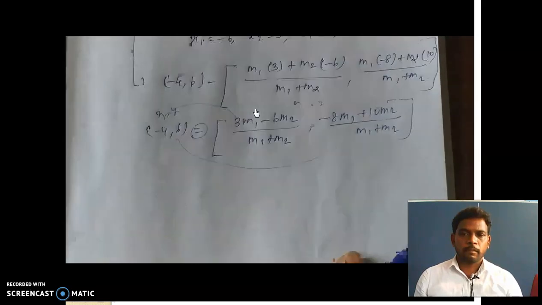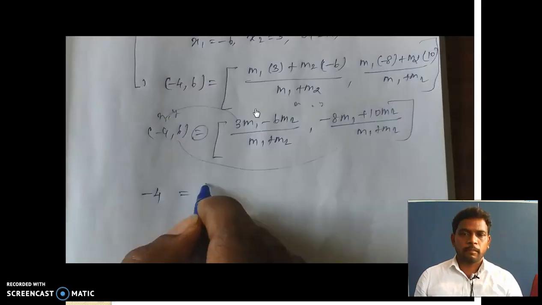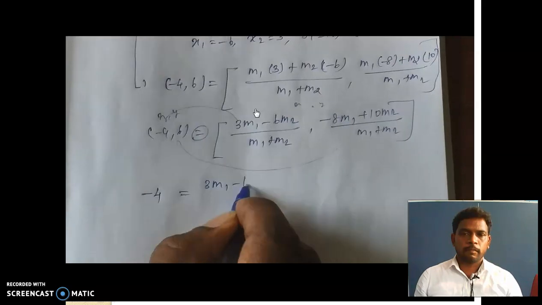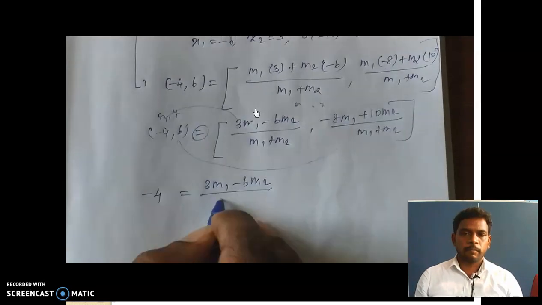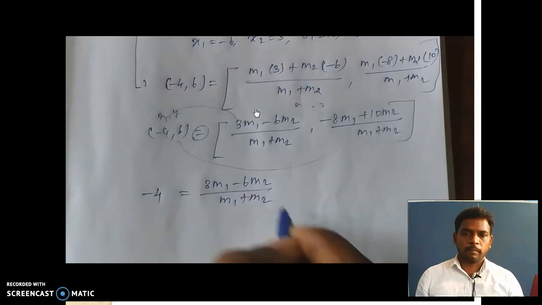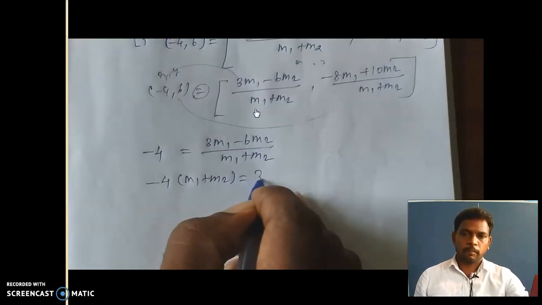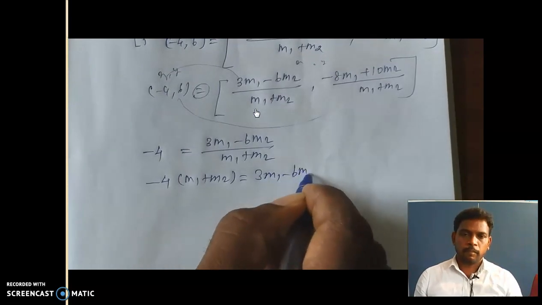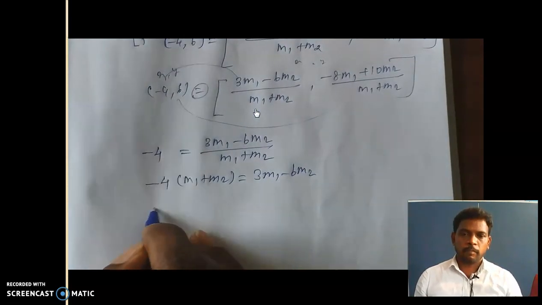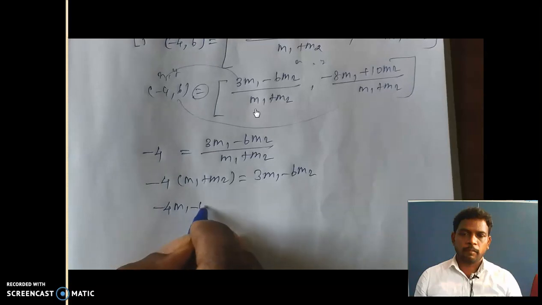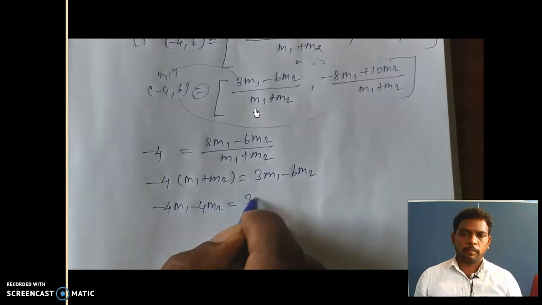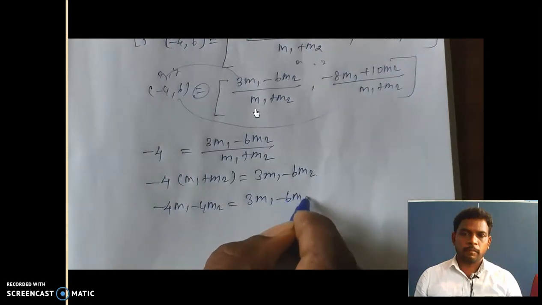Left hand side -4 equals right hand side (3 m1 - 6 m2) / (m1 + m2). So multiply -4 inside: -4 m1 - 4 m2 equals 3 m1 - 6 m2.